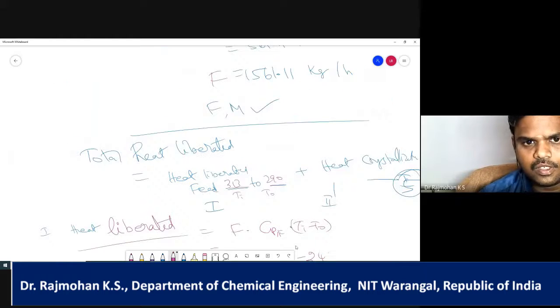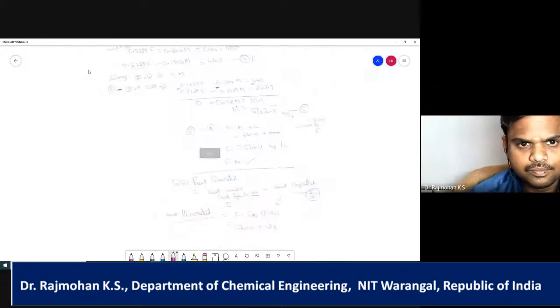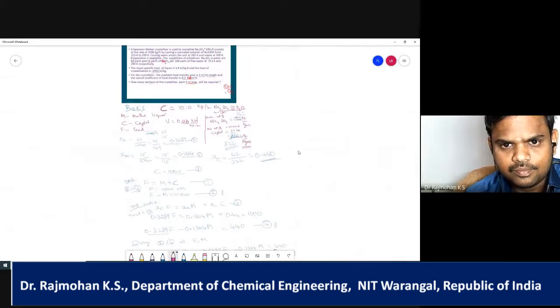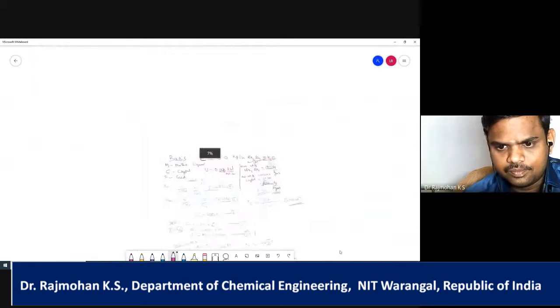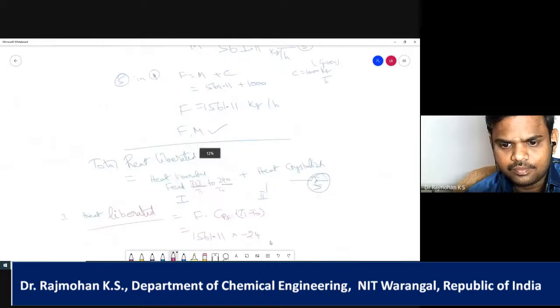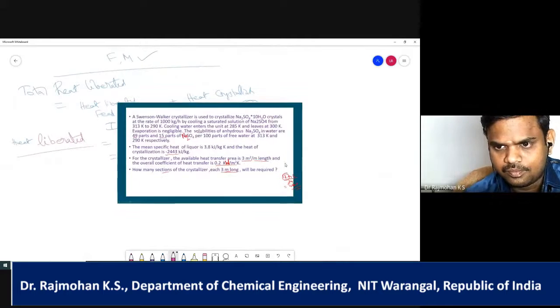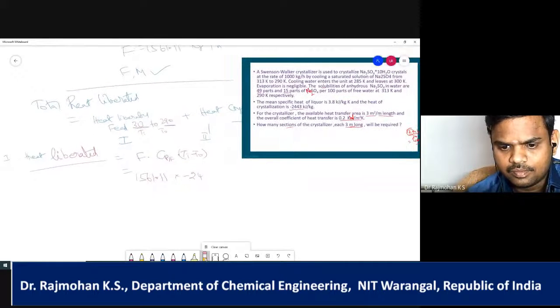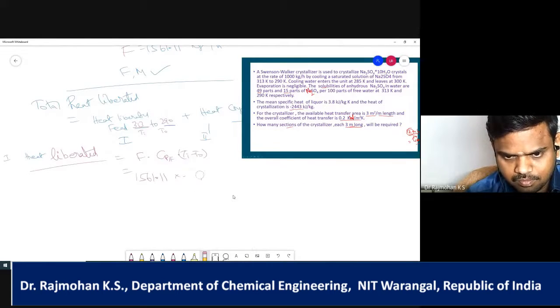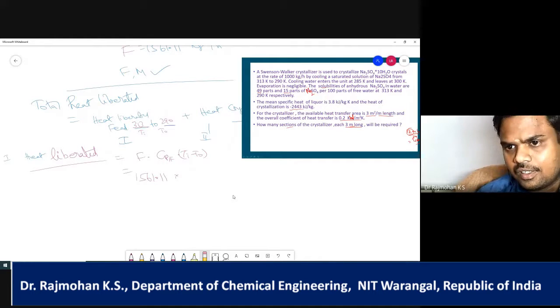What is the Cp value given? The Cp value given is 3.8 kilojoule per kg.